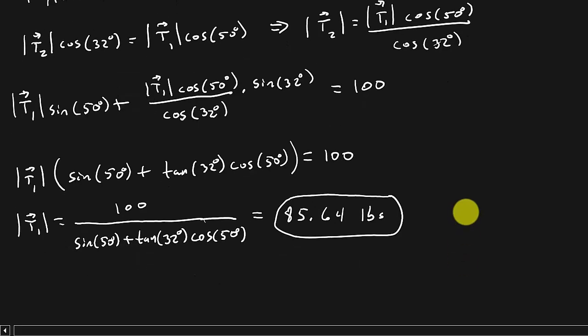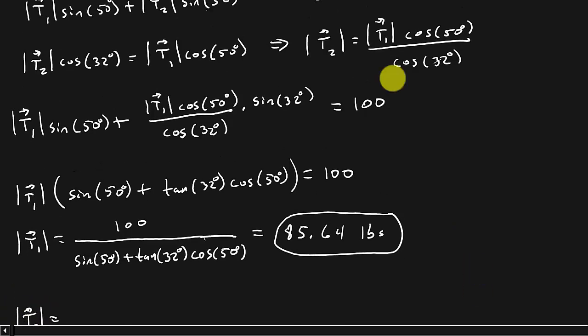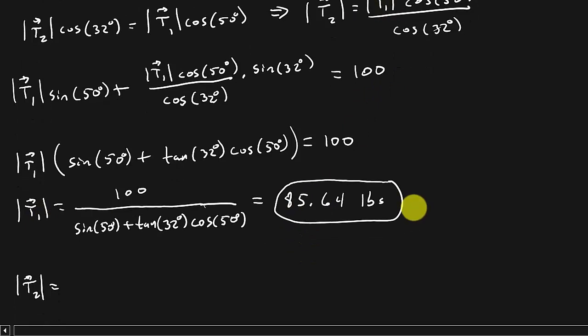Well, let's come down here and find that. So T2 is equal to, well, what's T2? Oh, well, look at that. It's this. You see this right here? We got T1, so we just plug this in right here.